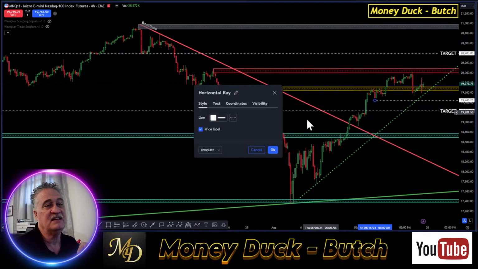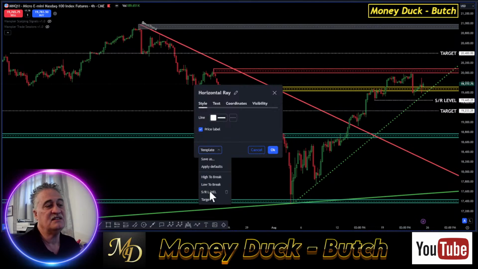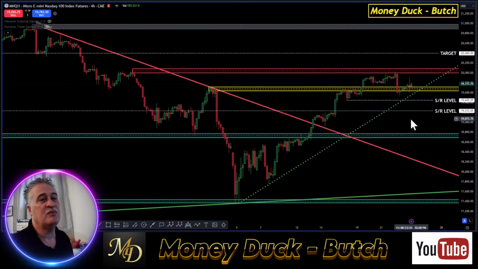So you can definitely draw them in here like this and label those as support and resistance lines. This was a target we were using, and then you would want to change it to just say support and resistance. I know that my support and resistance lines are my targets, but if you need to, label them target, okay? So that's what we're looking at on the 4.